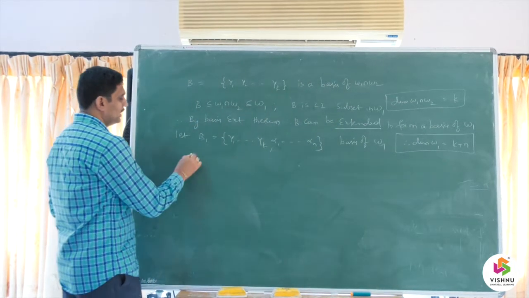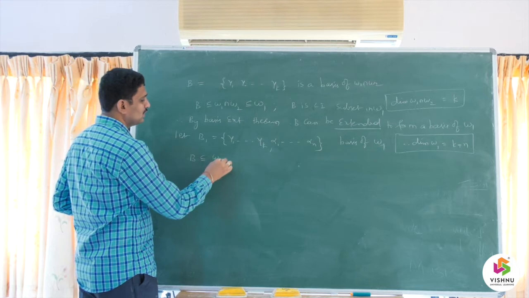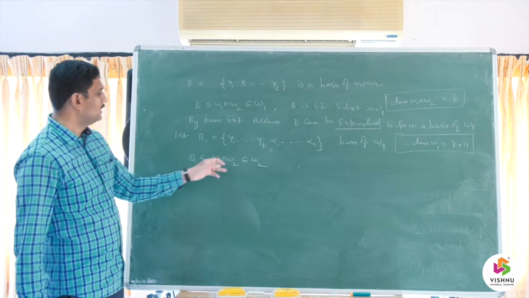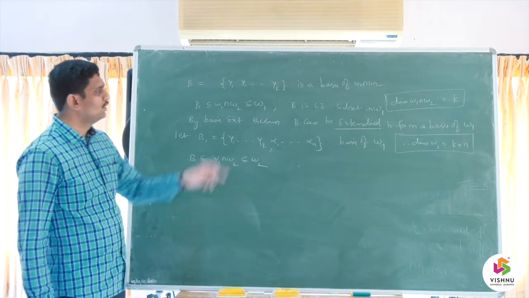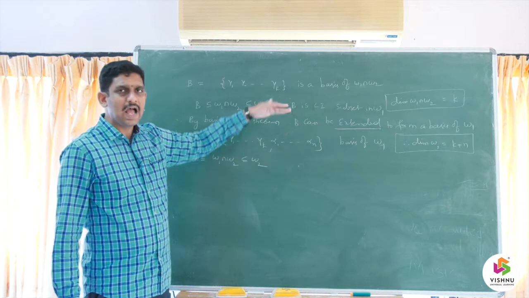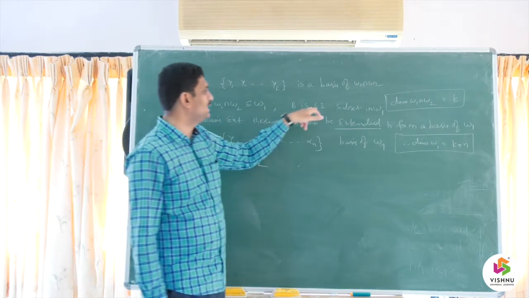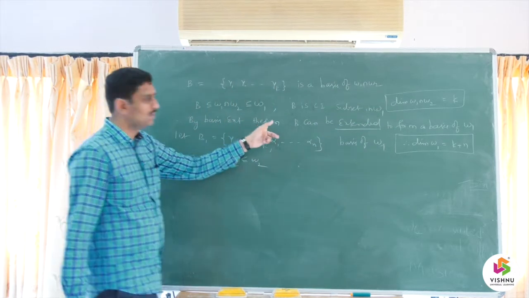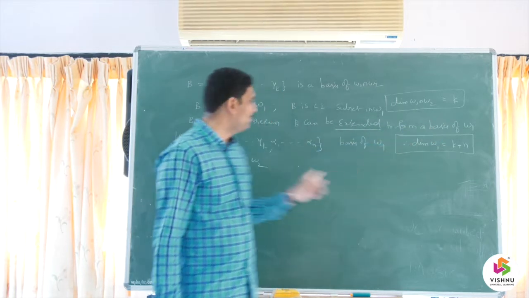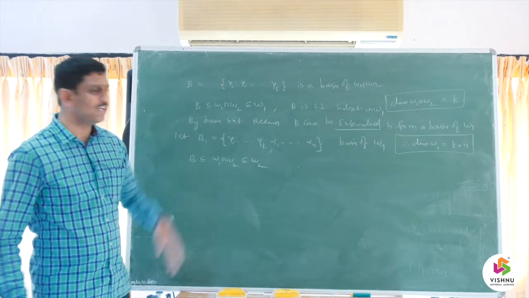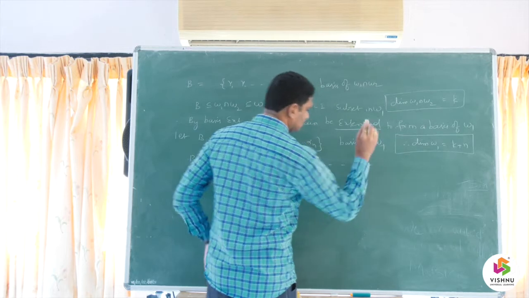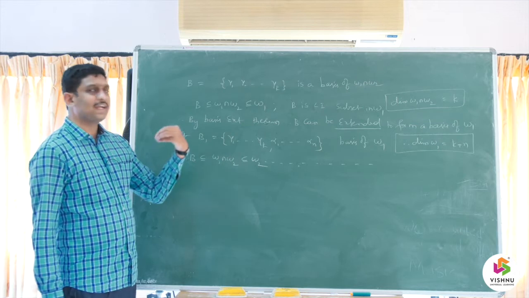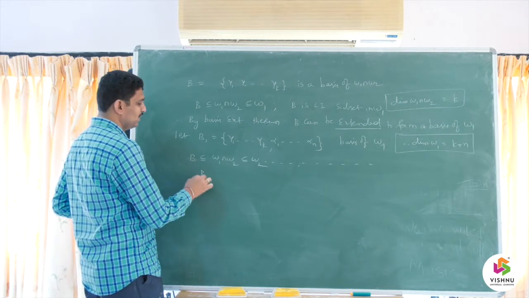Similarly, you can say that B is a subset of W1 intersection W2, which is a subset of W2, because the intersection is a subset of both sets. Whatever step I did, I repeat the same step here. So B is a linearly independent subset in W2. By the basis extension theorem, B can be extended to form a basis of W2. I do not want to write it on the board, you can copy that. I will take a different basis for W2, say B2.